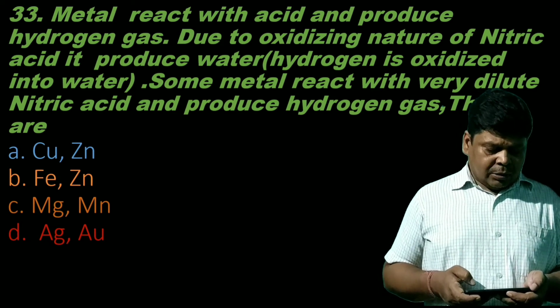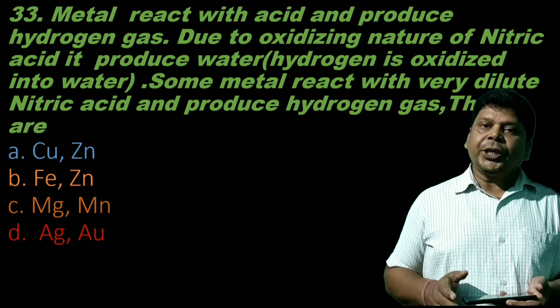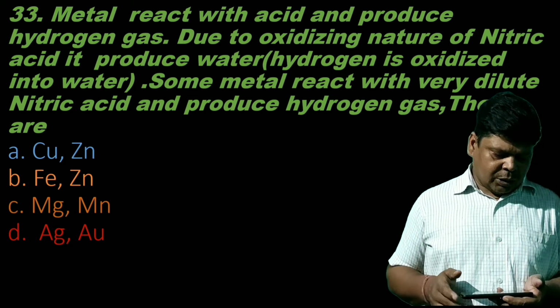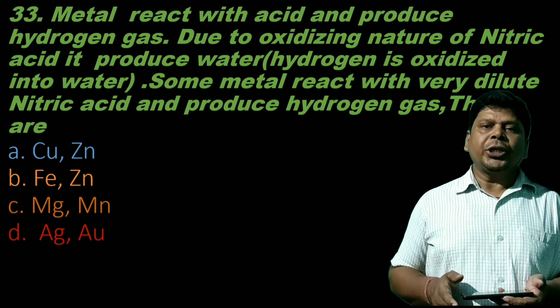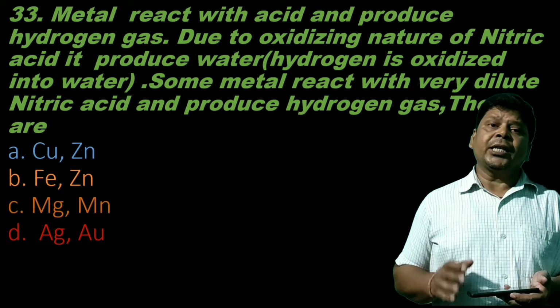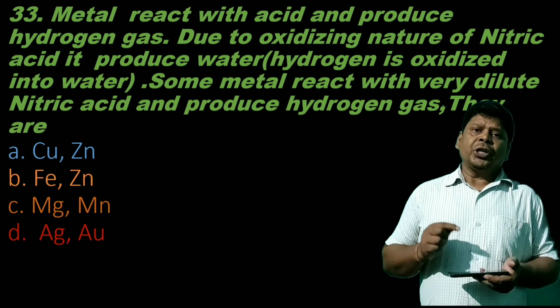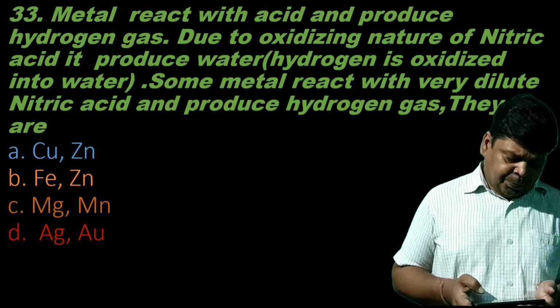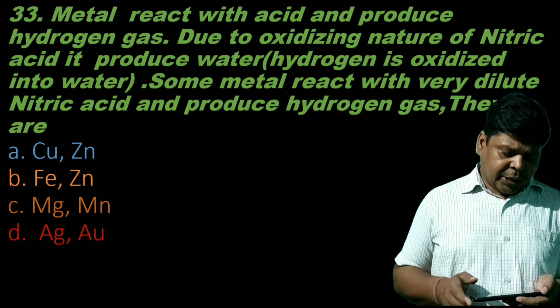Copper, zinc, no, they do not produce hydrogen gas with dilute HNO3. Iron, zinc, no. Magnesium, manganese, yes. Magnesium and manganese react with very dilute HNO3 and produce hydrogen gas. C is the correct answer.